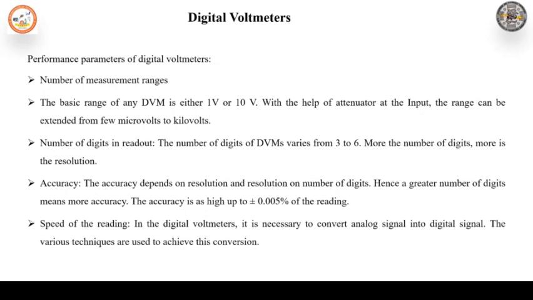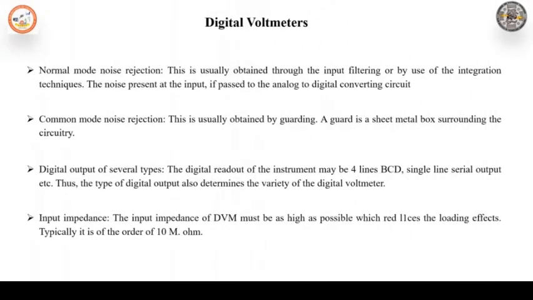The instrument user must wait till a stable reading is obtained, as it is not possible to follow the visual readout at high reading speeds. So the next performance parameter is normal mode noise rejection. This is usually obtained through input filtering or by use of integration techniques.